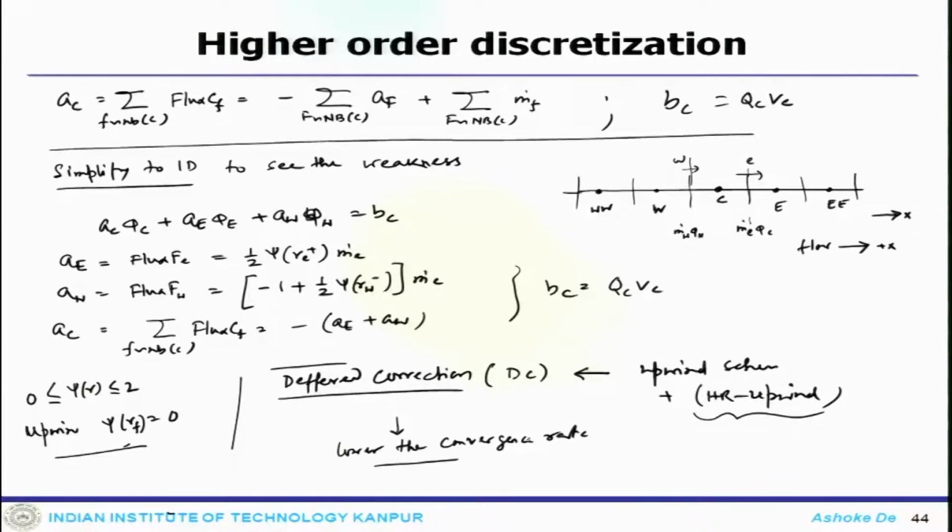If the difference between the high resolution scheme and the upwind scheme becomes larger, the convergence goes down. As long as this difference is not too much, the convergence will not be that badly affected. That has also opened up an area where researchers have put a lot of effort to find a scheme free from this kind of issue.